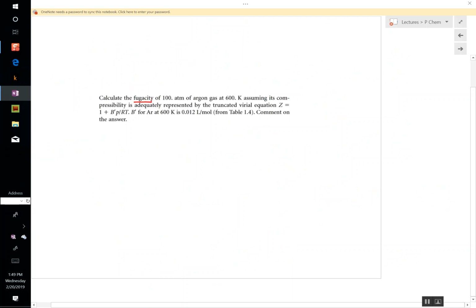Calculate the fugacity of 100 atmospheres of argon gas at 600 K, assuming its compressibility is adequately represented by the truncated virial equation Z equals 1 plus B prime P over RT.